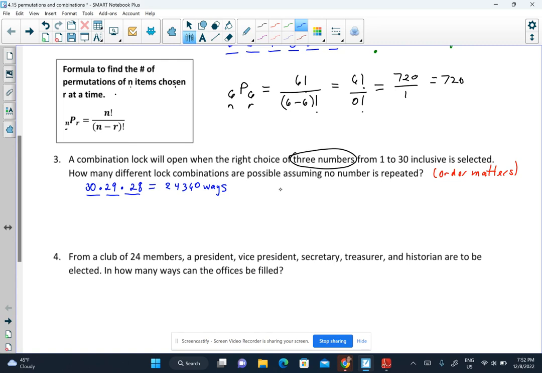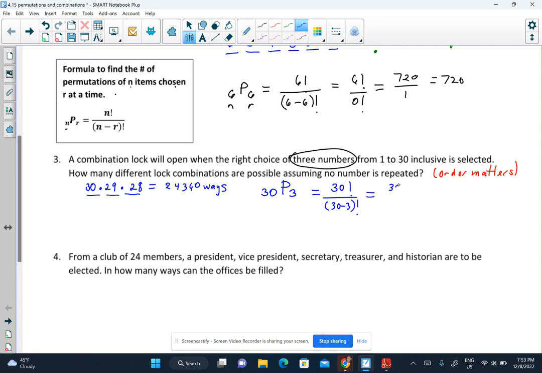So if I were substituting in the formula, I have 30 items, and I want to arrange 3 numbers in this case. So if I substituted by hand in the formula, that would be 30 factorial over 30 minus 3 factorial.